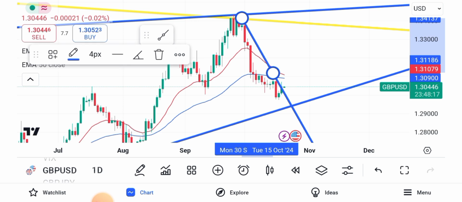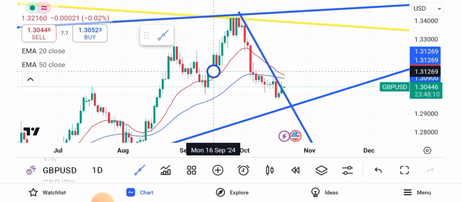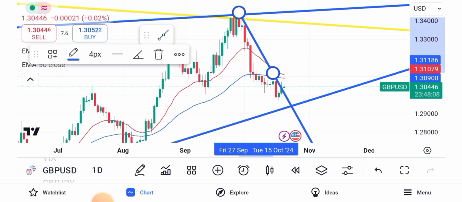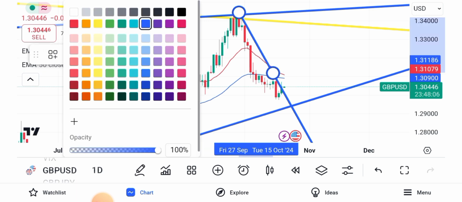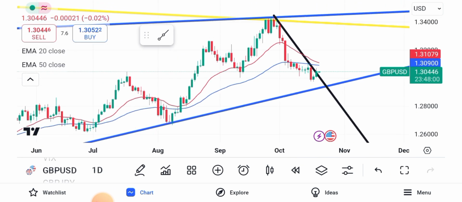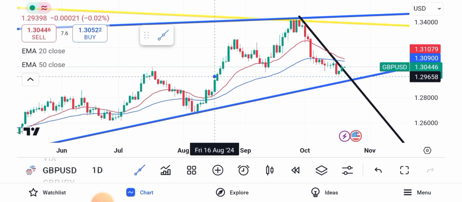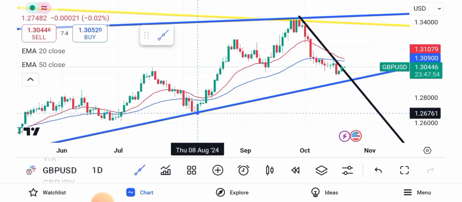Okay, let's delete that. We're going to change this color to black. And then we are going to put one in the bottom here.